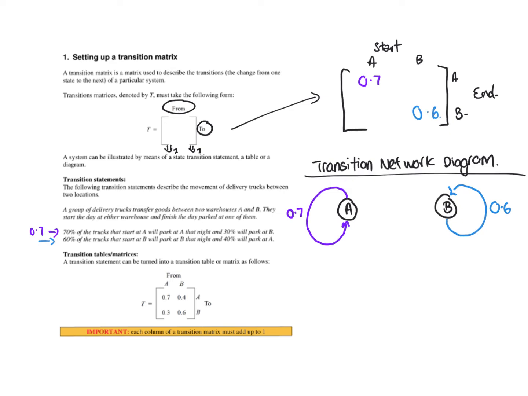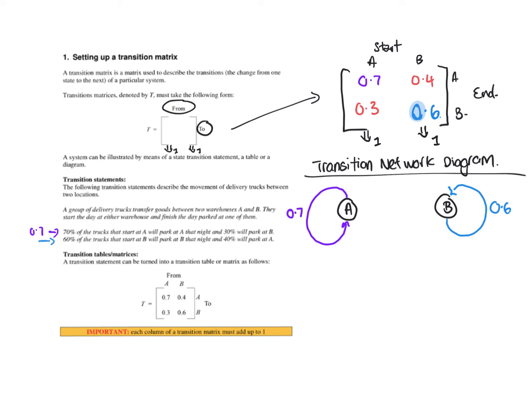It's easy to calculate the ones going back to itself, which is what they told us. Now, because these have to add up to 1, you can actually calculate the rest of the percentages. So this would have to be 0.4 to add up to 1, and this one would have to be 0.3 to add up to 1.